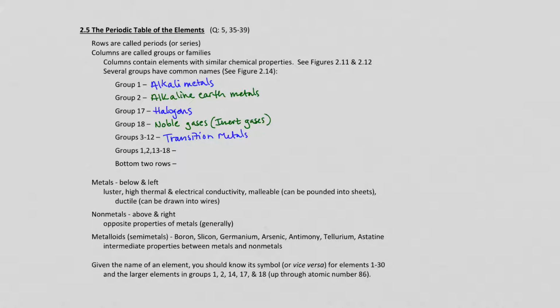We're going to come back to that. The bottom 2 rows are called the rare earth metals. Take a moment. Make sure you have all those written down. Make sure they're spelled correctly. And take about 30 seconds and just find them on the periodic table so you can equate to where they are.